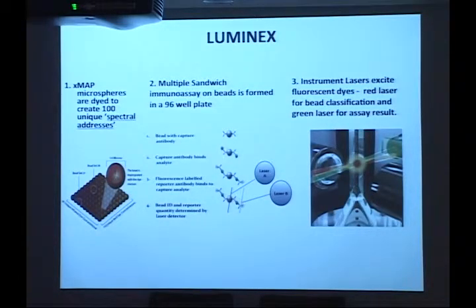Sample is added, attaches. The secondary antibody then attaches. The fluorescent reporter is then added. So when it passes through the flow cytometer, we're able to quantify the amount of fluorescence bound to the secondary antibody. And we can also tell which bead it is, what is the spectral address of this bead, indicating TNF alpha, IL-1 alpha, etc.